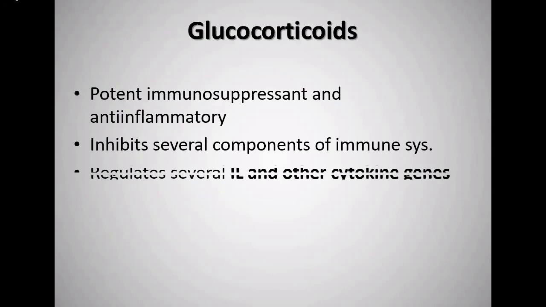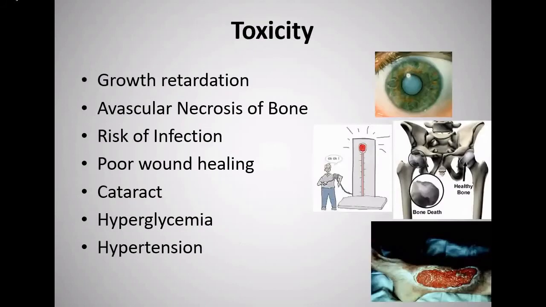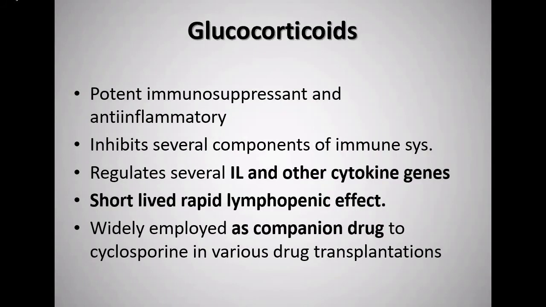Glucocorticoids, you already know that they are potent anti-inflammatory drugs, and they also have immune suppression as well, because they inhibit all the inflammatory mediators; they affect prostaglandins and leukotrienes. So they are immunosuppressants as well as anti-inflammatory.